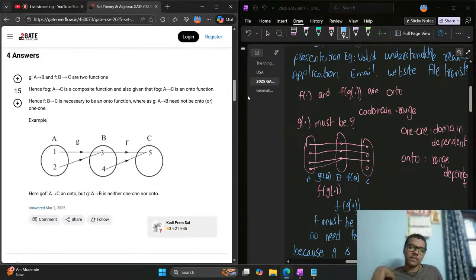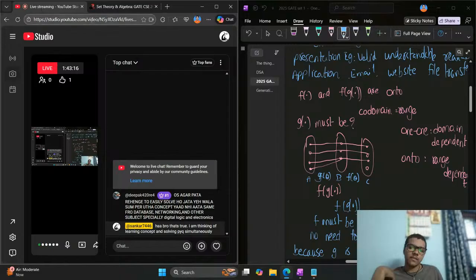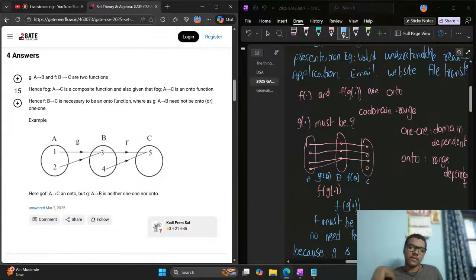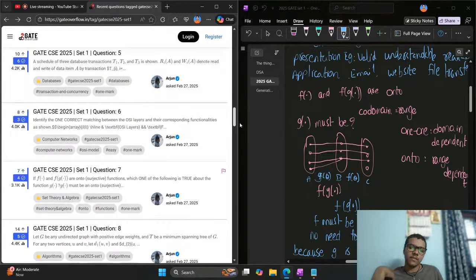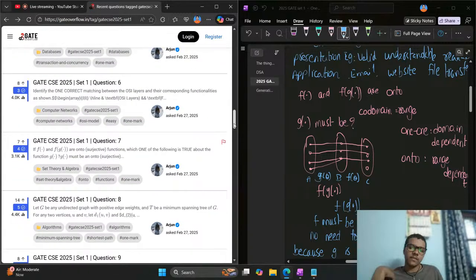Okay, got it. You have to say it is a composite function. Okay, this is to be onto. Yep, there is an ambiguity over here. Okay, which one? This one.